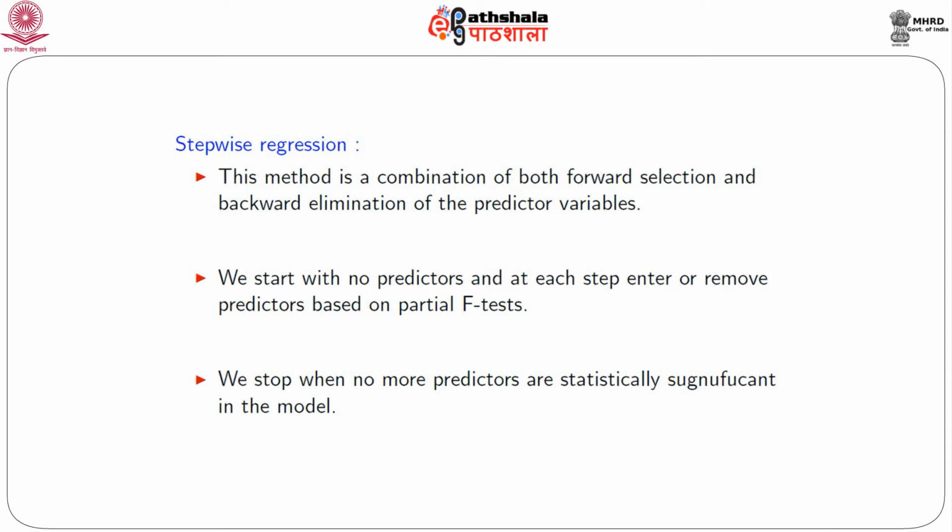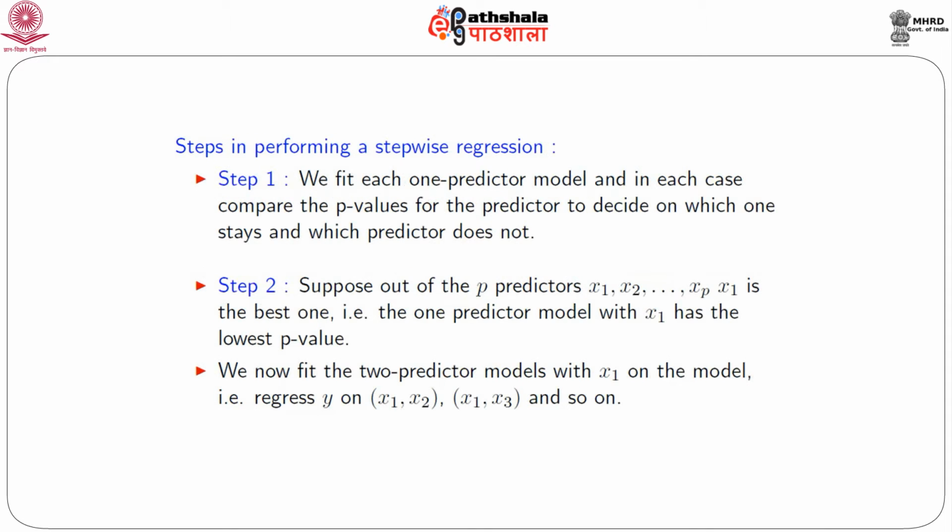So the steps involved in performing a stepwise regression are: we first fit each one-predictor model and in each case compare the p-values for the predictor to decide which one stays and which does not. Suppose out of the p predictors x1, x2, ..., xp, x1 is the best one, that is, the one-predictor model with x1 has the lowest p-value.